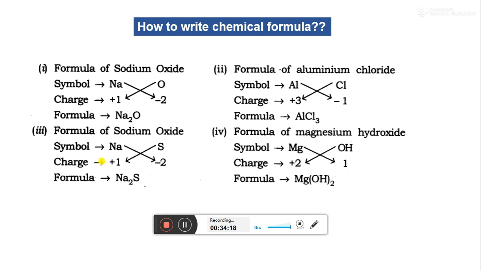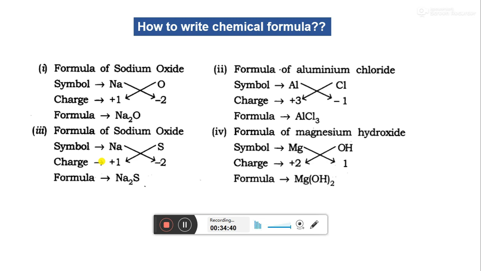If you cross multiply, aluminium is Al1 and Cl3. One is not represented. You do not need to show it. It is already understood that 1 is there, so you do not need to show the 1.